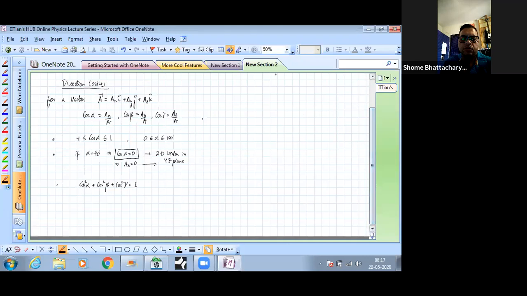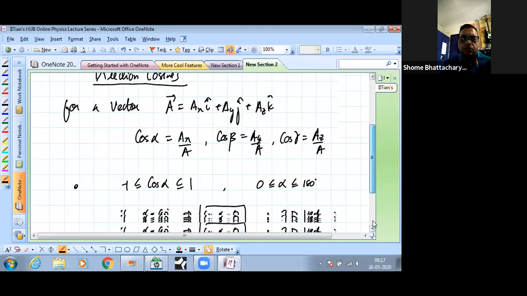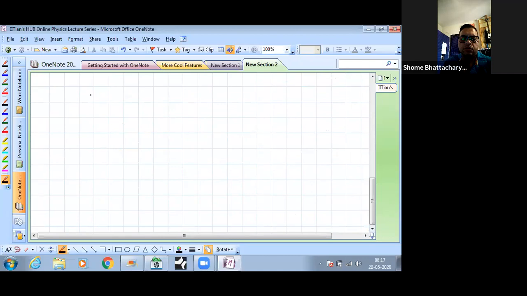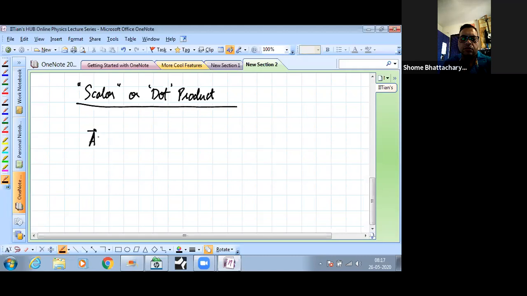All right. Now, the next thing that we saw was scalar product, or what we call dot product, of two vectors. So we saw that the symbol that is used for the scalar product is the dot symbol between the two vectors, and specifically it means magnitude of one vector into magnitude of the other multiplied by cos theta.